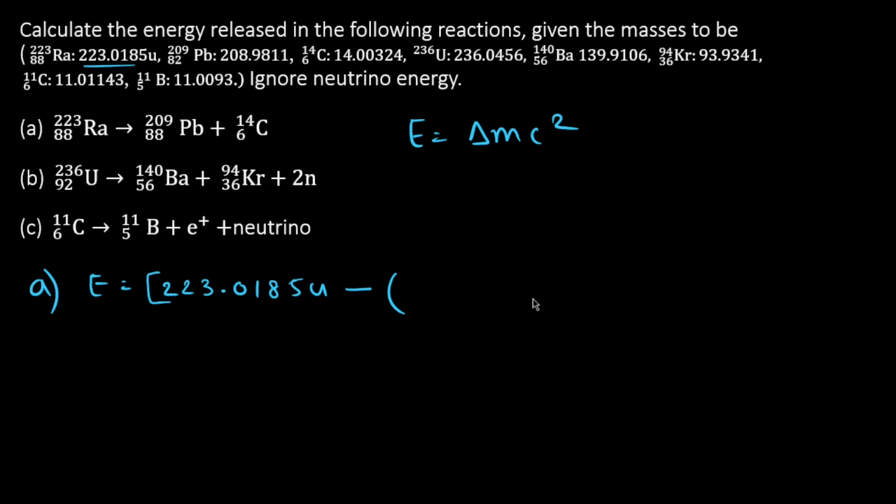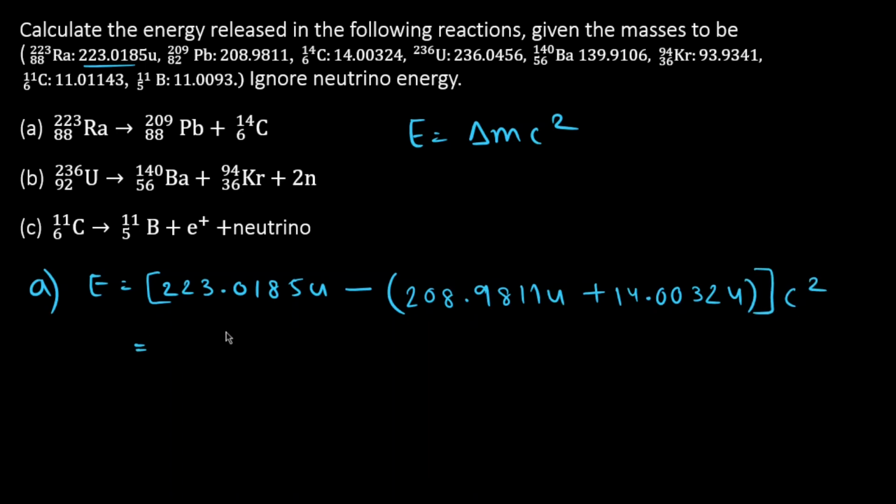Pb is given as 208.9811 U plus carbon is given as 14.00324 U, into C square.